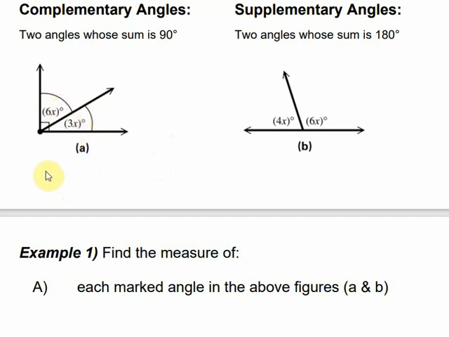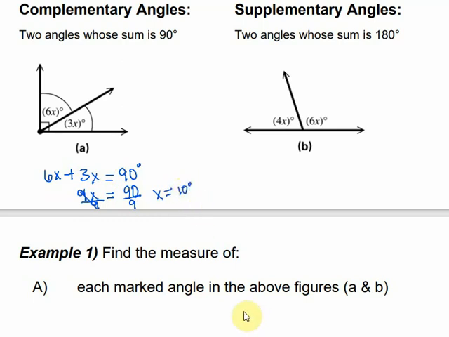So we could set this up as 6x plus 3x equals 90 degrees. All right, and then we can combine our like terms. 6x plus 3x, that's 9x. And then we would divide by 9. And that would give us that x equals 10 degrees.